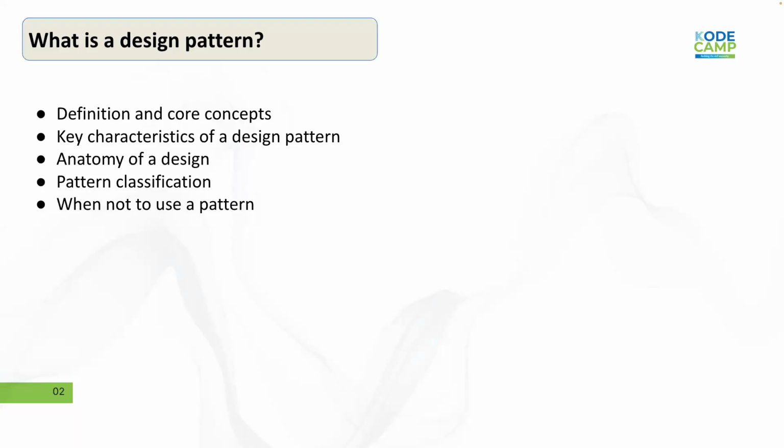So software engineers use design patterns to solve recurring problems in code, structure, and organization. So that is basically what design patterns are. They are just solutions to commonly occurring problems in software design.